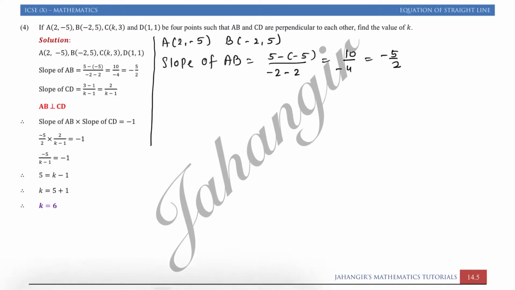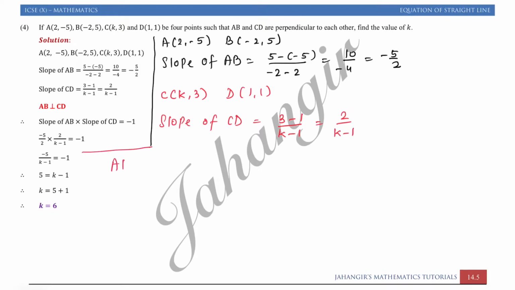Now C and D. We have C as (k, 3) and D is (1, 1). So slope of CD is (3 - 1) upon (k - 1), that is 2 by (k - 1). Now we can say AB is perpendicular to CD.